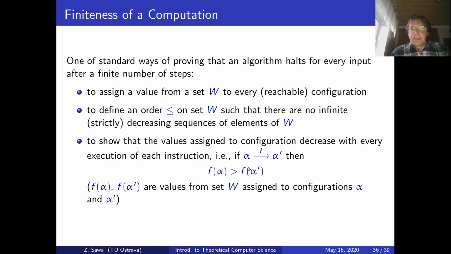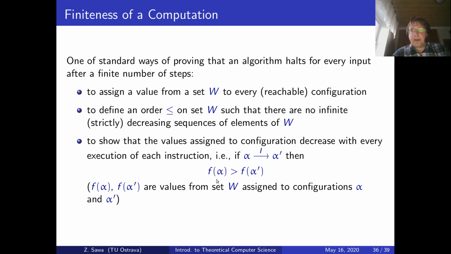In fact, I can concentrate only on those configurations that are reachable. If I have already computed some invariants and ensured that they are preserved during the computation, I can concentrate only on configurations where these invariants are satisfied, because the reachable configurations are just a subset of them.